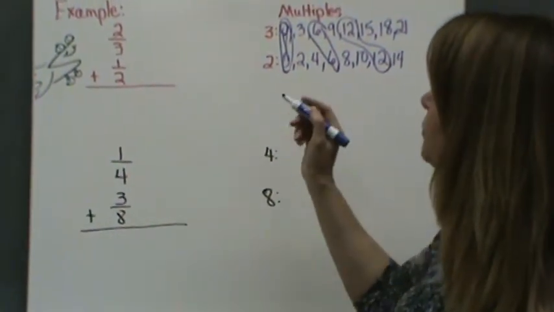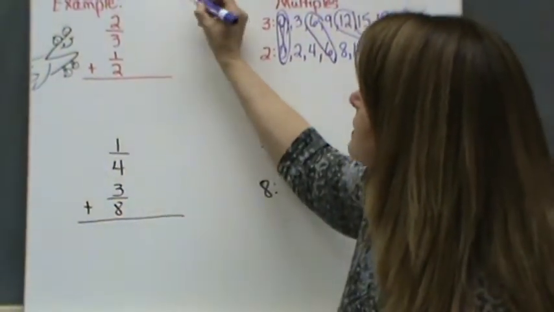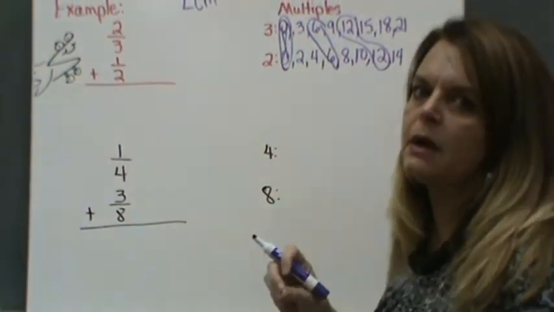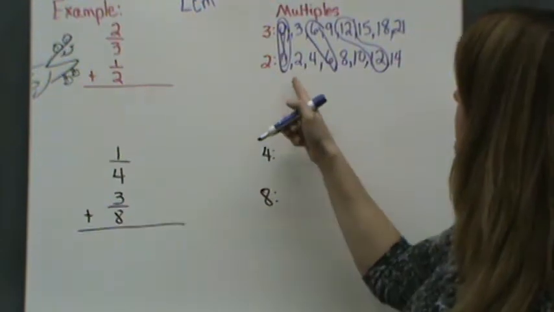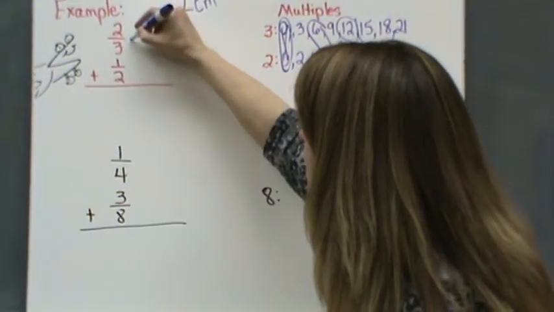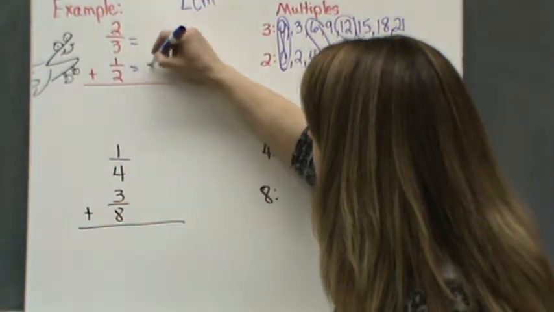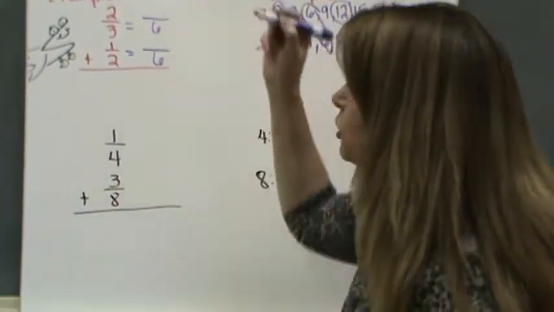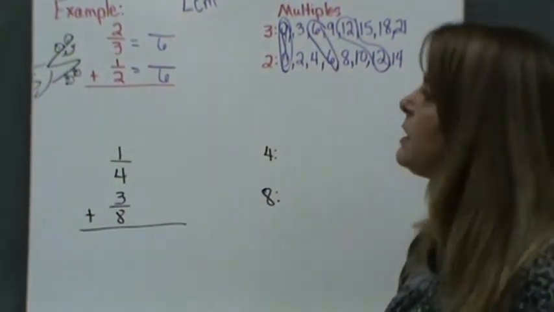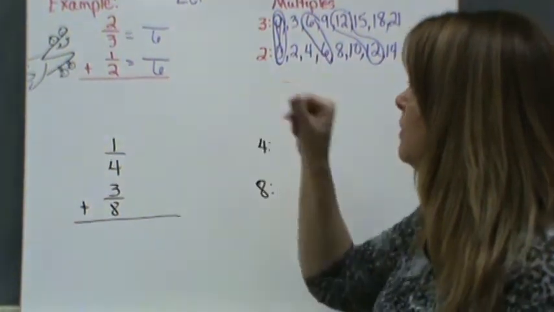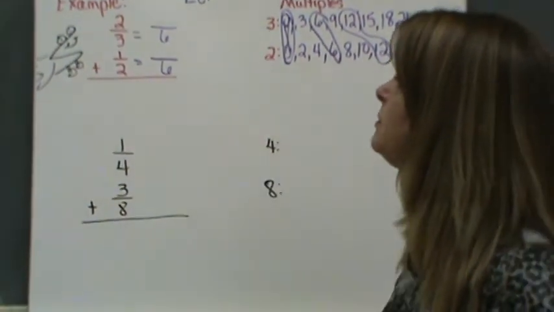But I'm looking for my least common multiple, the smallest number that these two have in common, and the smallest is going to be 6. So I come back to my problem, and I'm going to have to find equivalent fractions now, because I found a number that both of these have in common. This is my least common multiple.